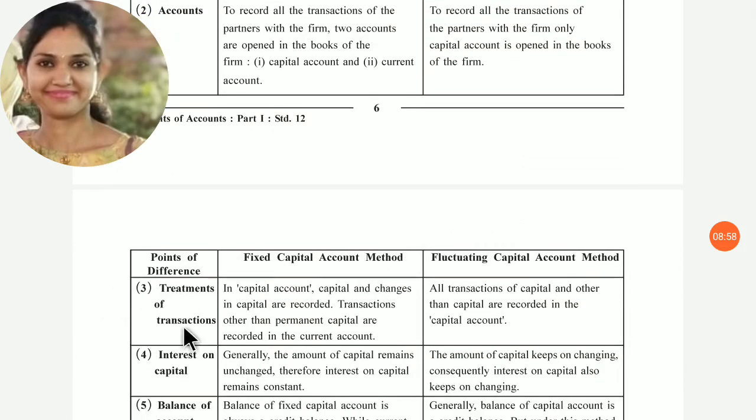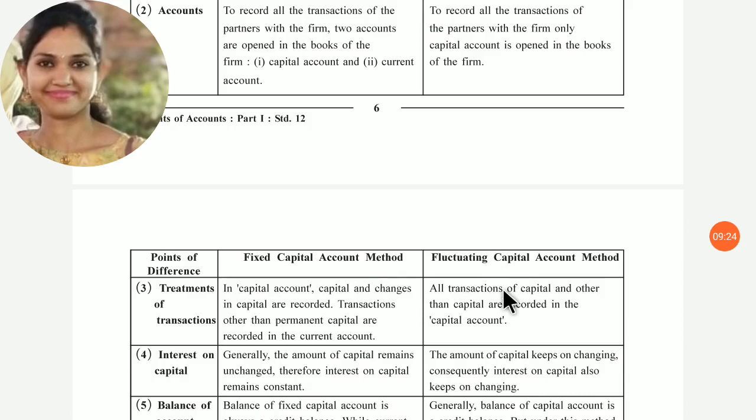Treatment of transactions. In the capital account, capital and changes in capital are recorded, meaning capital and additional capital. Transactions other than permanent capital are recorded in the current account. I told you, in the fixed capital account we record only the capital and additional capital, and all the adjustment entries, other entries, we record in the current account.